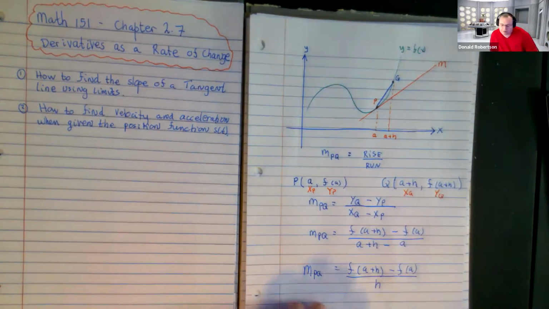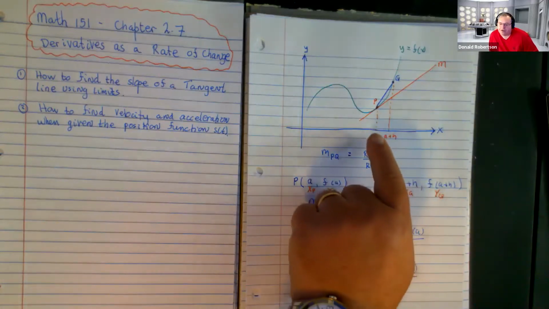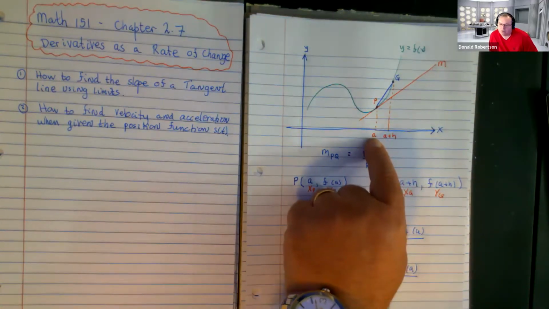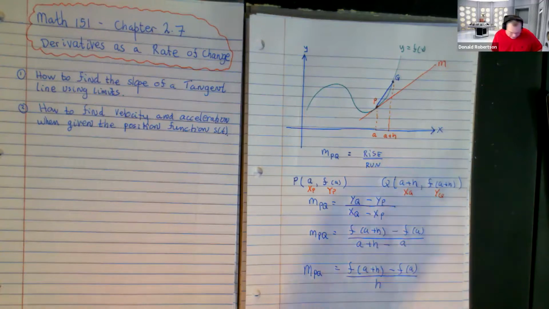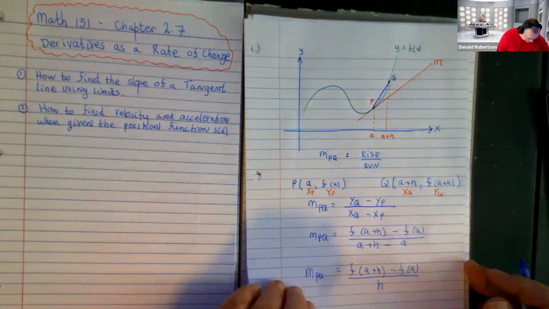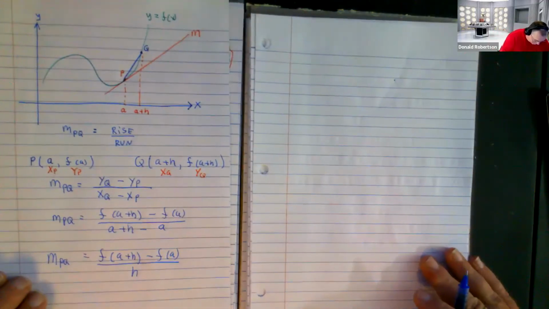So if I want to find an estimate for the slope of the tangent line when the x coordinate is A, this would do it, right? If you make h 0.1 or 0.01 or point anything, this would do it. And here's where the limits come in.